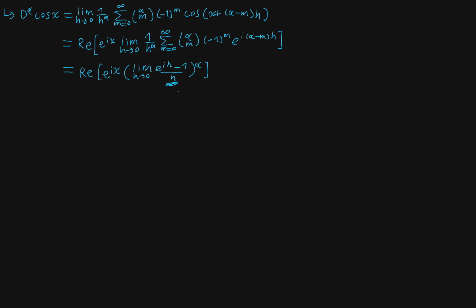And this is a well-known limit. It's actually going to be the natural log of our base over here. We have natural log of e to the i, which is just equal to i. And so, obviously, we're going to get the real part of i to the alpha e to the ix. And you know that this is just going to be equal to cosine of x plus alpha pi over 2. So this matches up with our previous results.